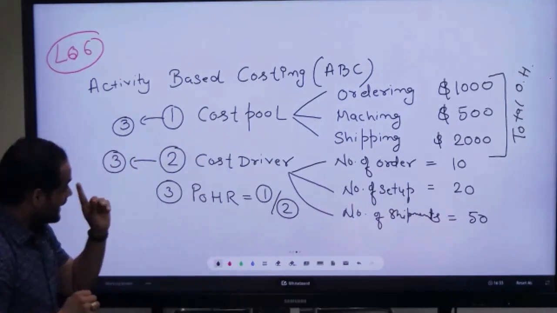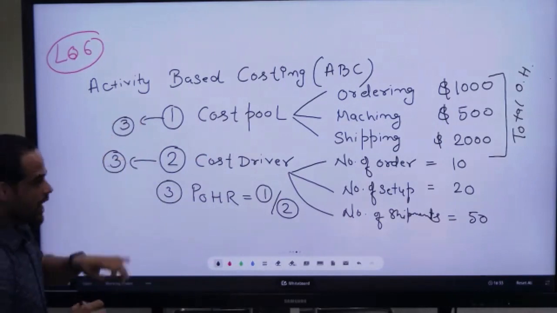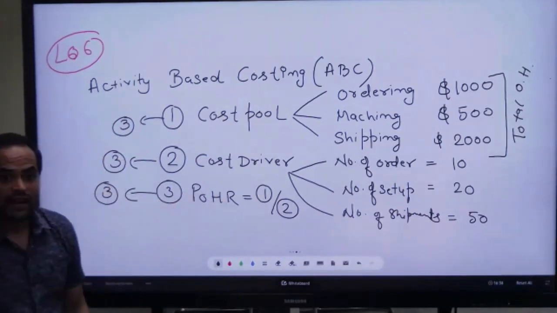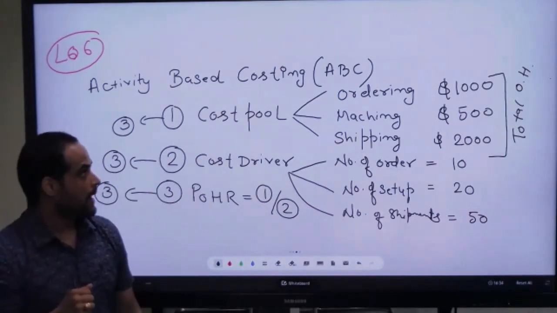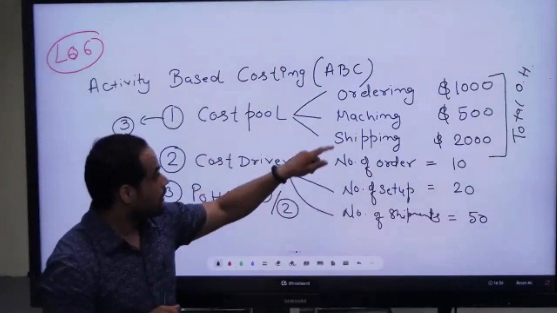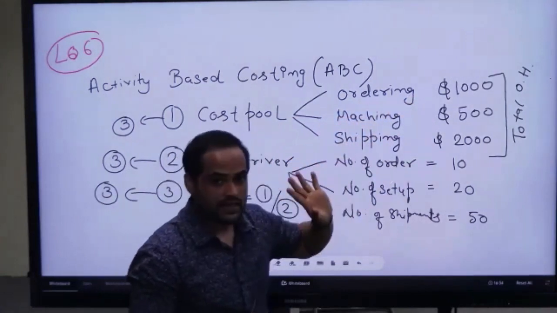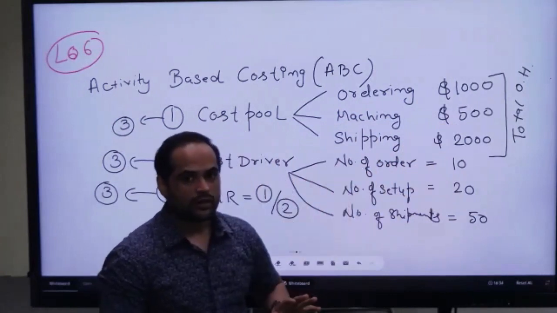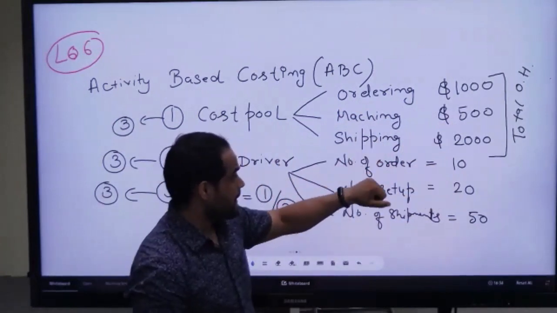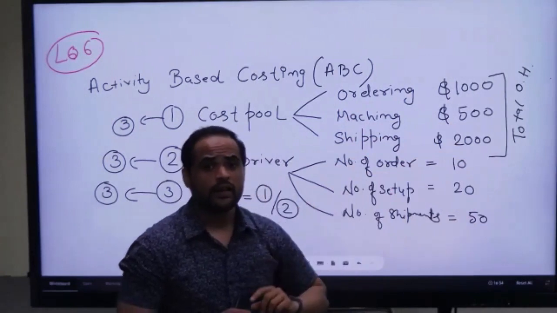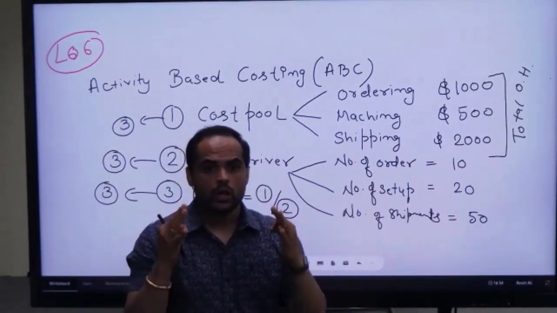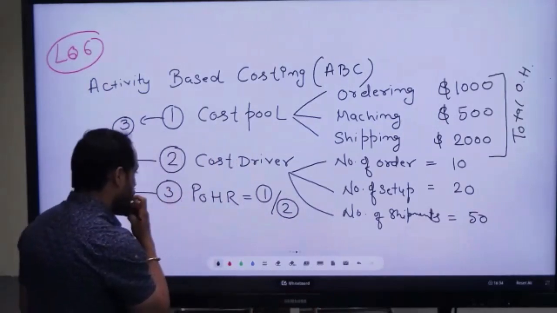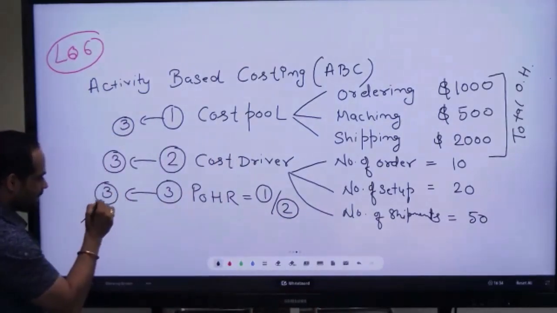So if three pools, three drivers, which means we have three rates. One rate about ordering, 1000 divided by 10. Second rate, machining, 500 divided by 20. And third rate about shipment, 2000 divided by 50. So we got three rates.